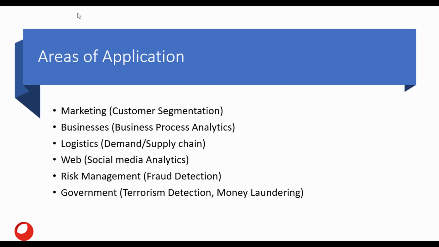And this can be used in areas such as marketing, businesses, logistics, when you talk about demand and supply chain, for the internet, when you want to do social media analytics, for risk management, when you want to do things like fraud detection, and also the government, when they want to detect terrorism and also detect financial defaulting, credit loan defaults, and money laundering.